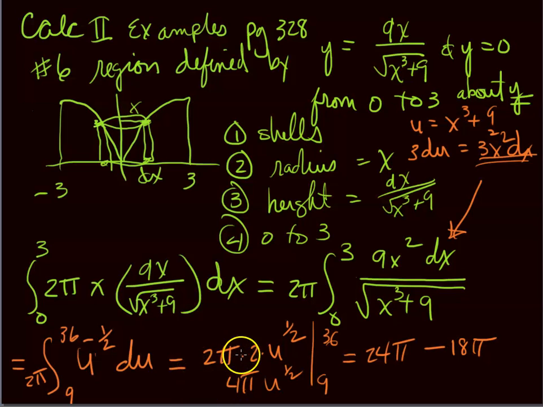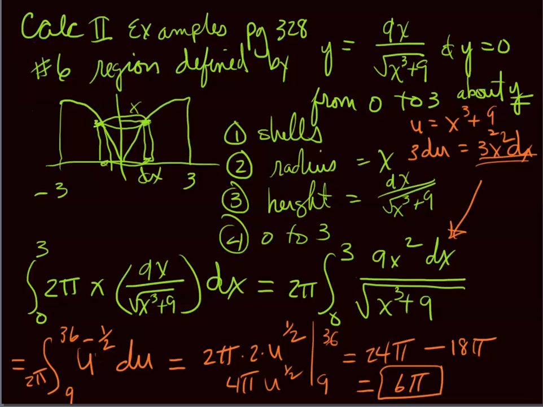Oh, no, I did that right. Okay, sorry. This should be right. 24 minus 18. I'll check it and see. So it's 6 pi. Just check it and make sure. It doesn't feel right. Something's wrong.